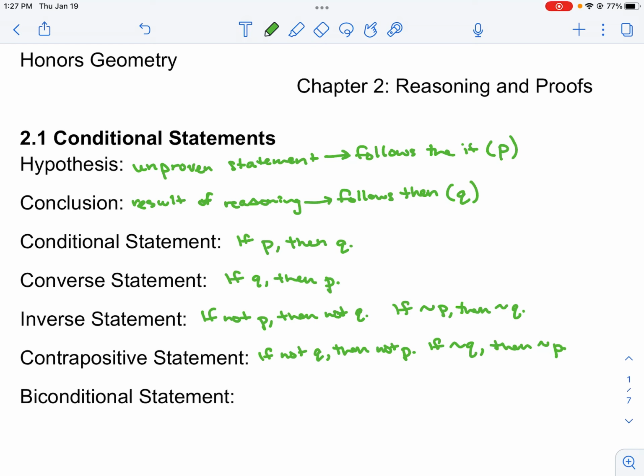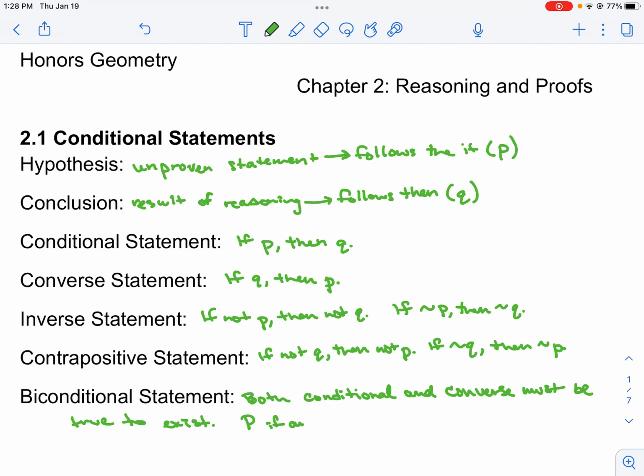A biconditional is actually where you take out the if and the then, because both the conditional and converse must be true to exist for a biconditional. It won't even have an if at the beginning.